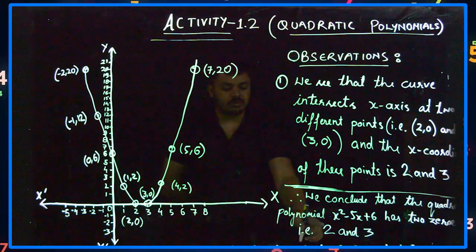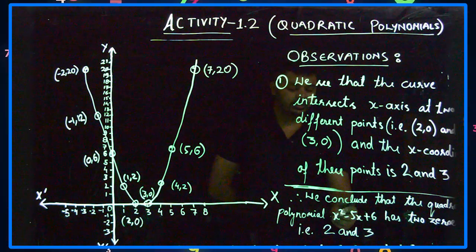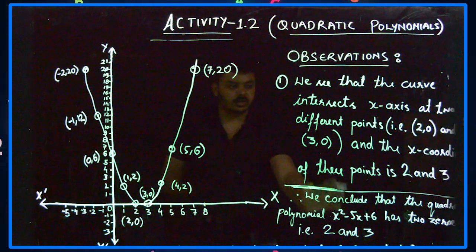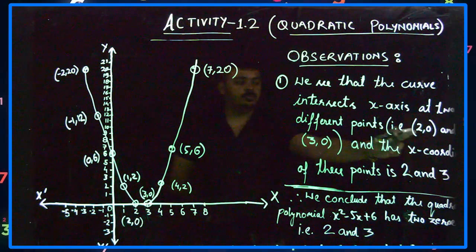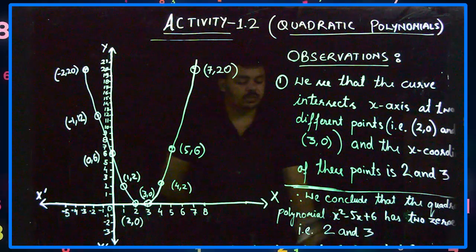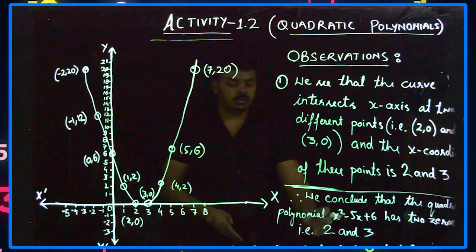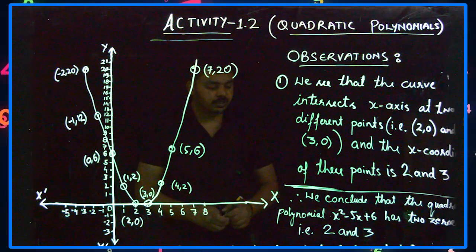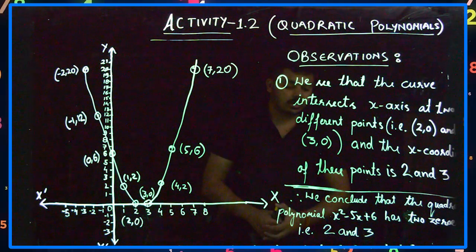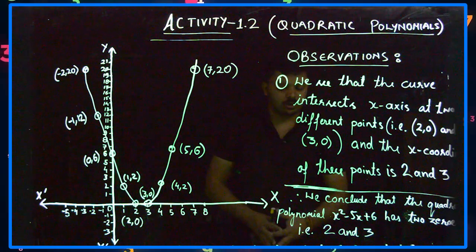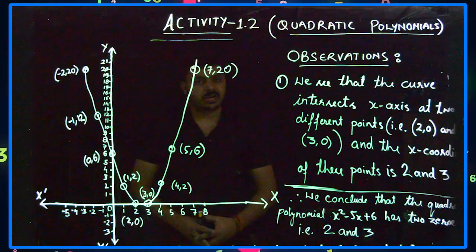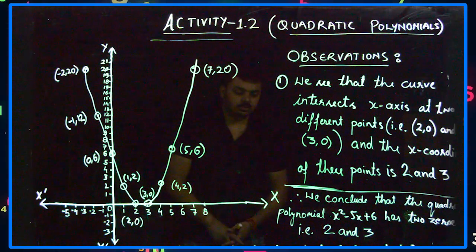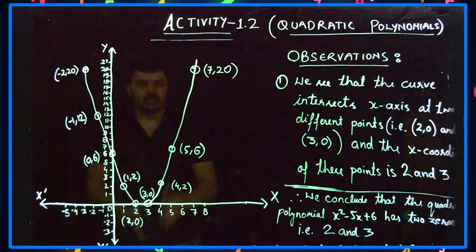So when we put the value of x as 2, the value of y is 0. Similarly, when we put the value 3, we get 0 equals 0. So we can say 2 and 3 are the zeros of the quadratic polynomial x square minus 5x plus 6. So this is our conclusion for the given activity.